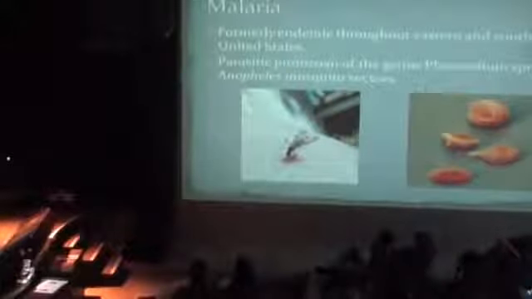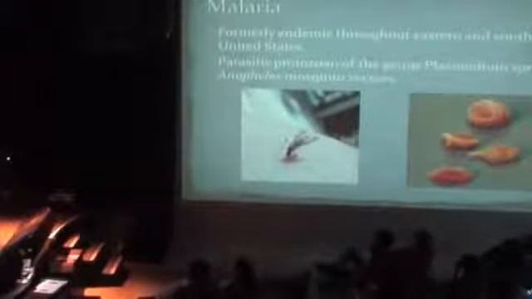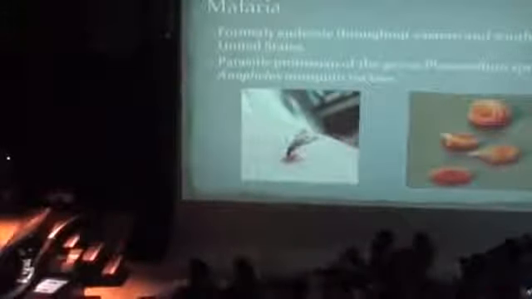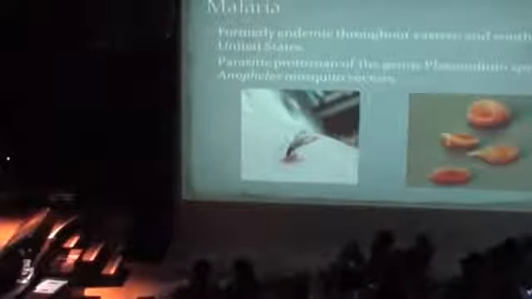Malaria is horrible because it first infects your liver after a mosquito feeds upon you and injects the malaria parasite. And then it goes into your liver cells, it bursts them open, it goes into your bloodstream, and it infects your red blood cells, and then it bursts open your red blood cells. And that's why you get these waves of fever and chills and whatnot.